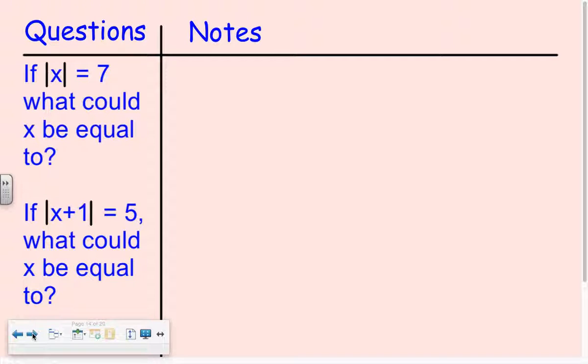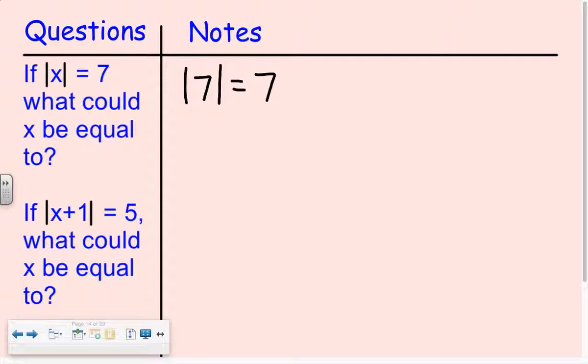Okay, so first of all, let's look at these two questions. Let's look at the top one first. If the absolute value of x equals 7, what could x be equal to? So what two numbers have an absolute value of 7? Well, we know that 7 has an absolute value of 7, so that's one of the answers.